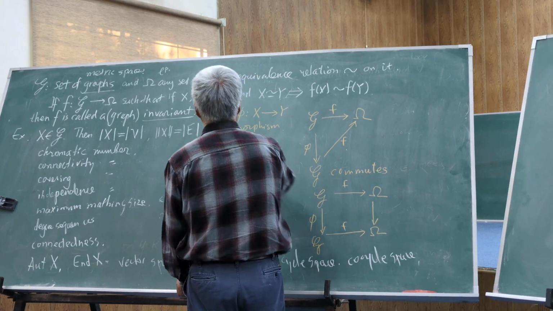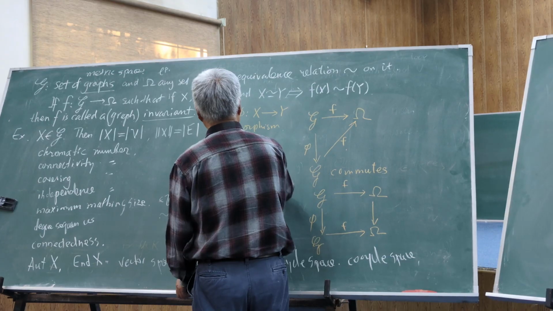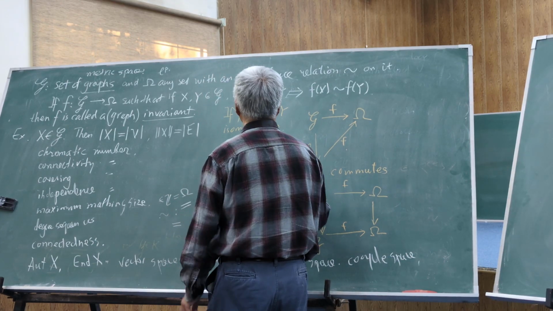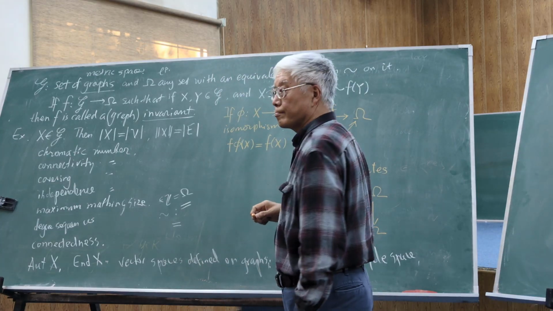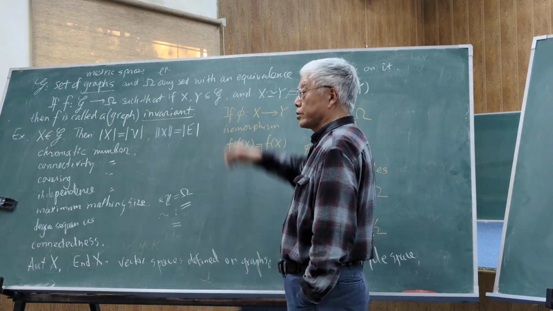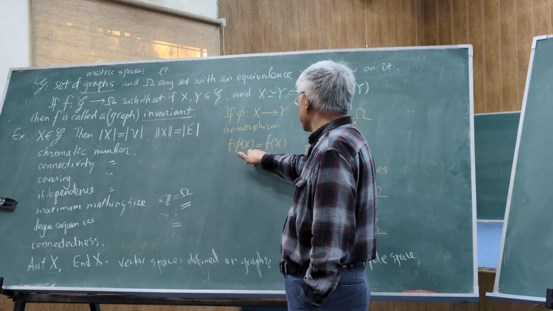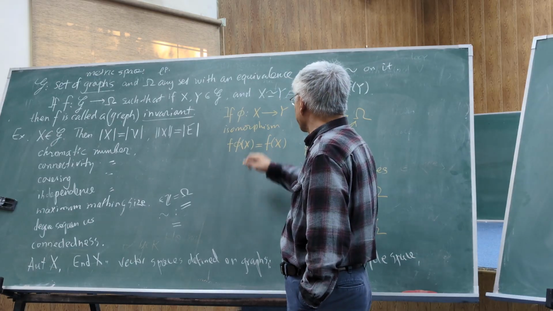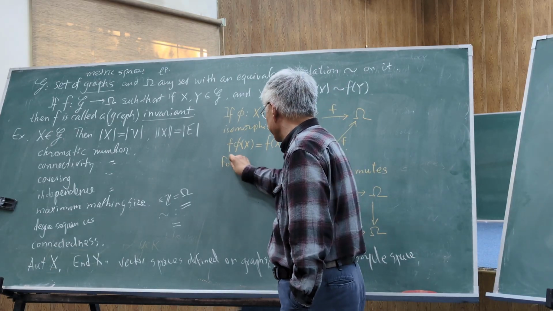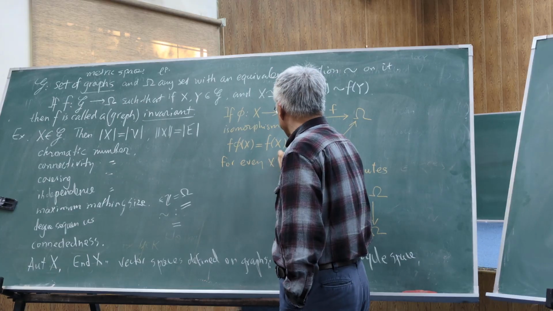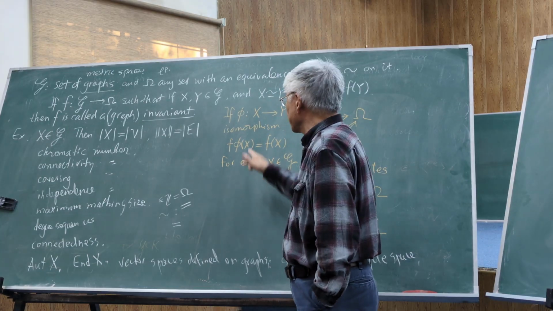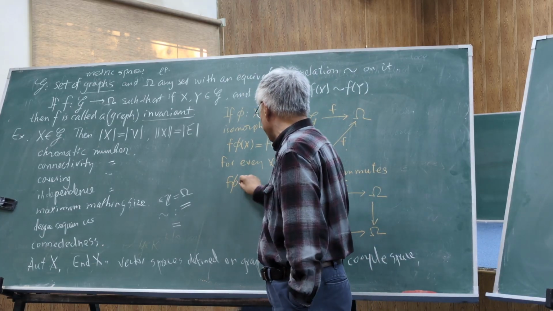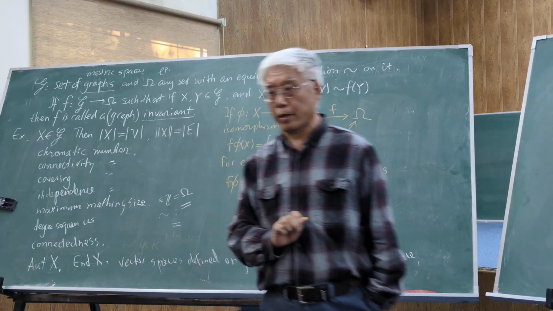We are saying that F of phi x is equal to F of x. Is that right? For any graph x in G, isomorphic objects and the original objects have the same image in omega. Now this is true for every x. So we can say that F phi is equal to F in terms of the map, right?